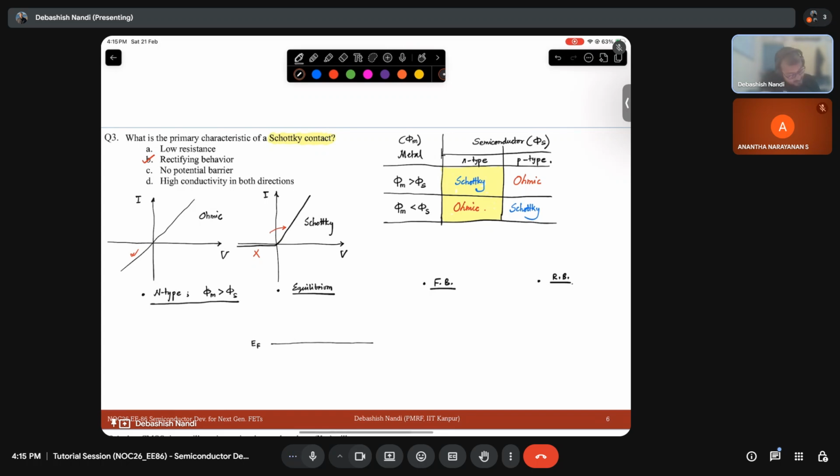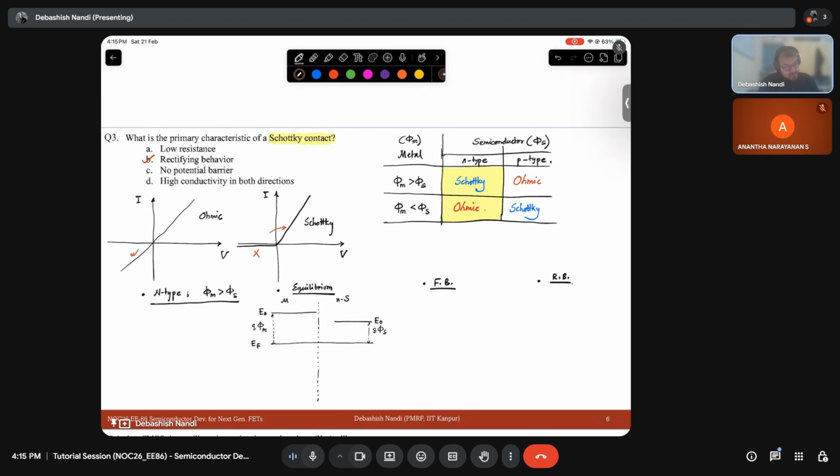Let's say this is the metal semiconductor junction. The left side is metal, this side is n-type semiconductor. So this is my E0, and this is my E0. This is q phi s, this is q phi m, and phi m is greater than phi s, right?